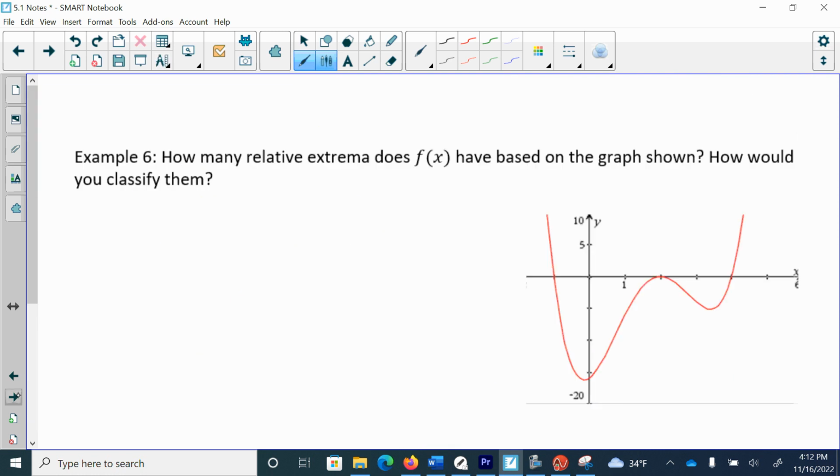Example 6, how many relative extrema does f of x have based on the graph shown? How would you classify them? Great question.